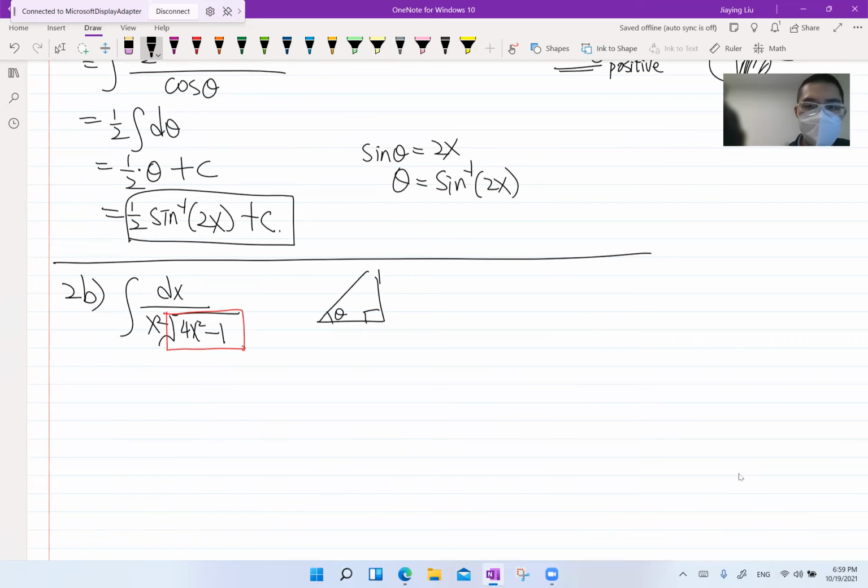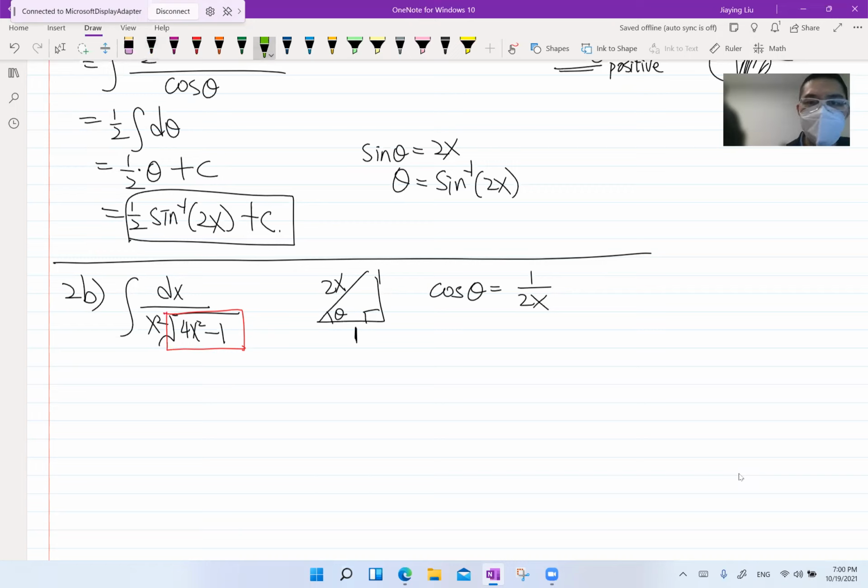I'm going to call this angle theta again. In the square root part, I have (2x) squared minus 1 squared. So the 2x will be the hypotenuse here, and I'm going to put the 1 on the adjacent side. That gives me cosine theta equals 1 over 2x, and I can solve for x from here.